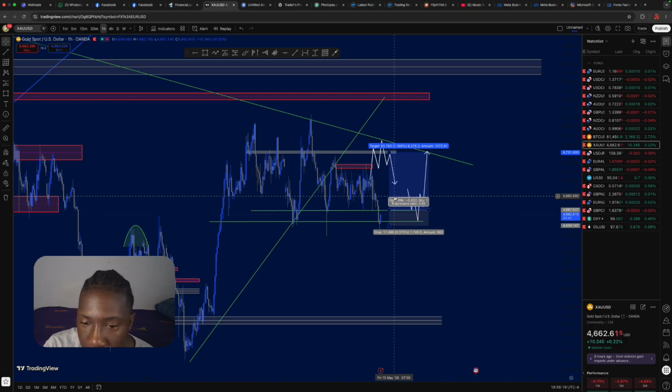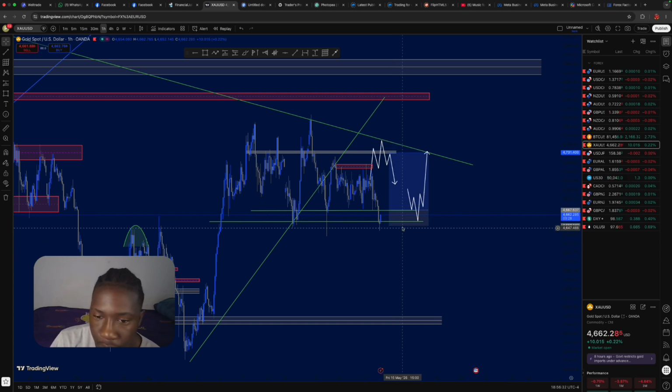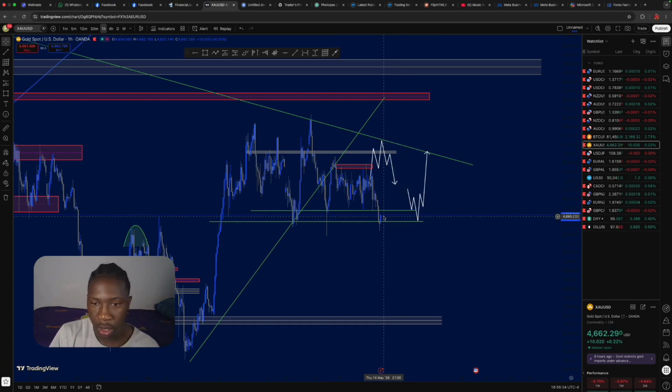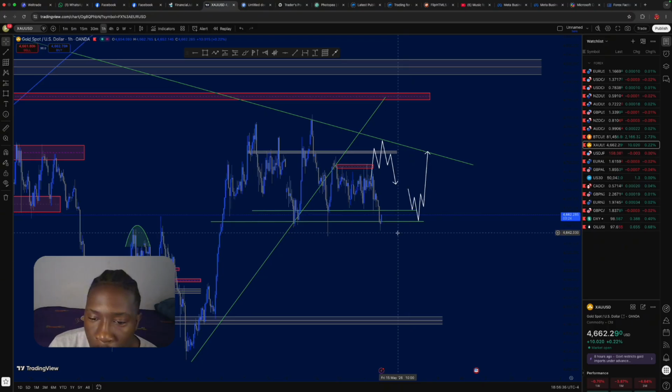So buying opportunities, we are not going to look for them on this. So we'll remove this one. We'll remove it, because it has broken the structure to the downside at this level.